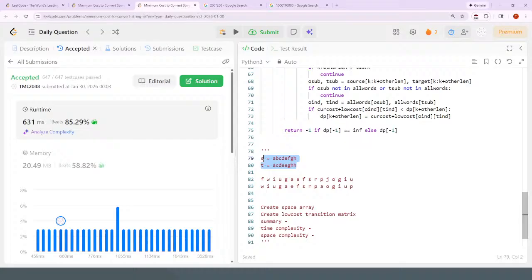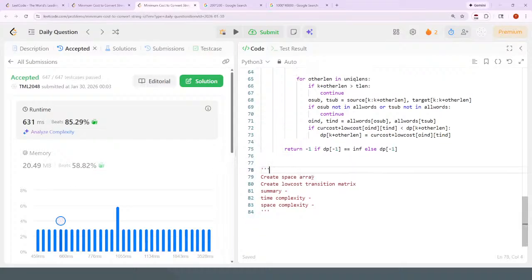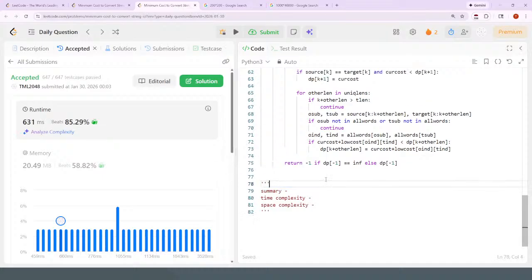So what's the summary here? So the summary is very much builds off the daily challenge from yesterday. Part 1, medium.